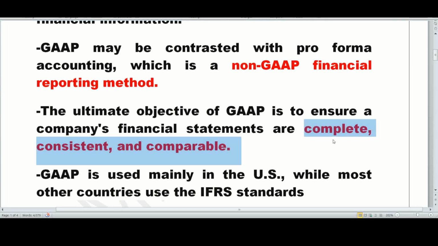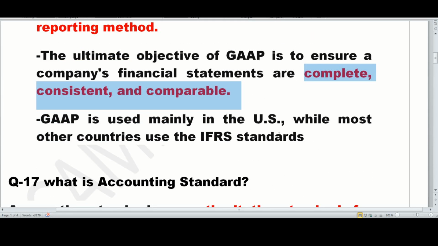The financial statement must follow the principles and practices given in the guidelines of GAAP, and be consistent and comparable, which we have already discussed. Consistency means if you follow a principle in one year, it should be followed every year.